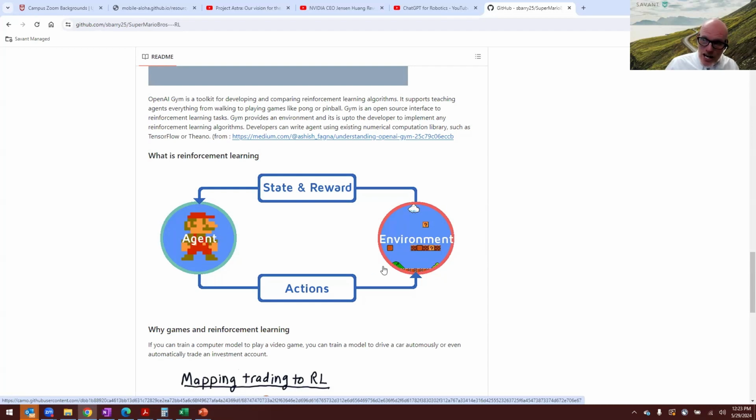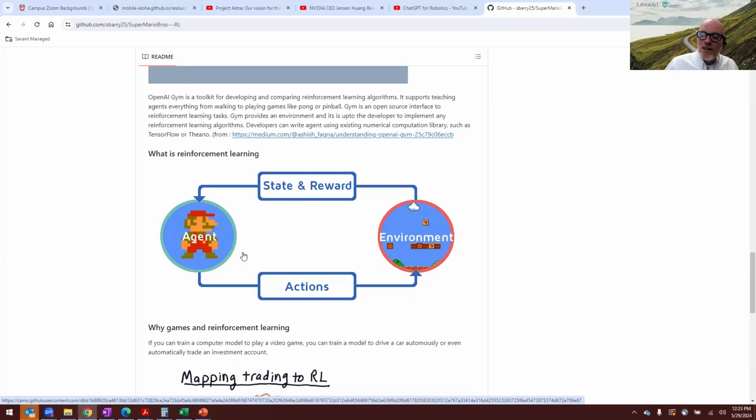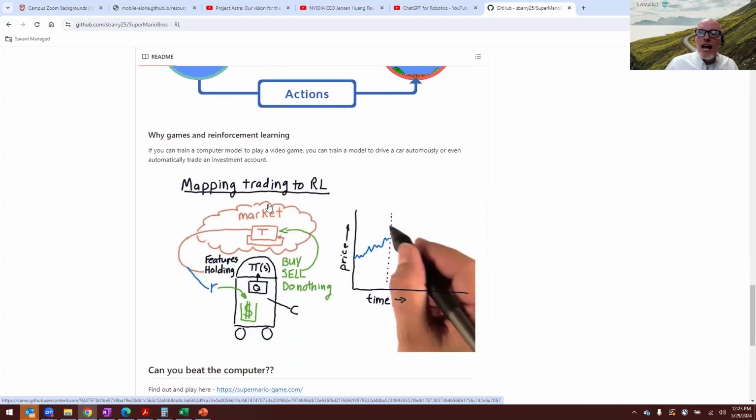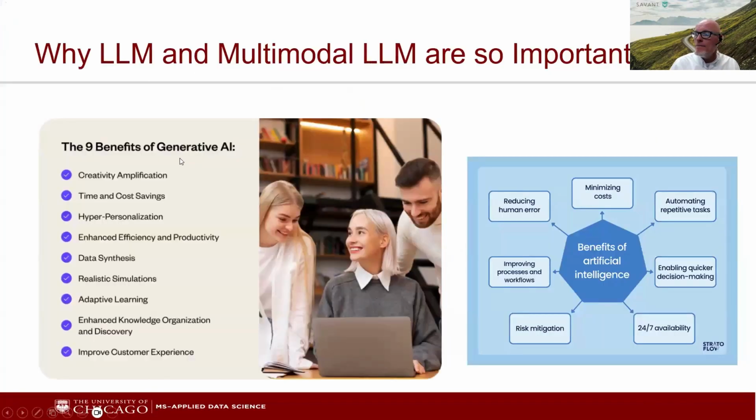If you can teach a computer how to play a video game, you can teach a computer how to trade a portfolio on the stock market using the exact same models and methods. So again, drones are about learning through play, learning quickly, fast iterations. You don't have to like robotics, but you should like the field of robotics because it offers so much to us as data scientists.